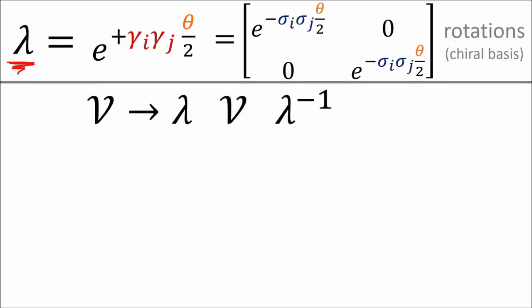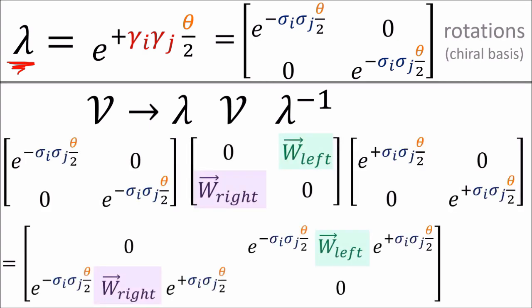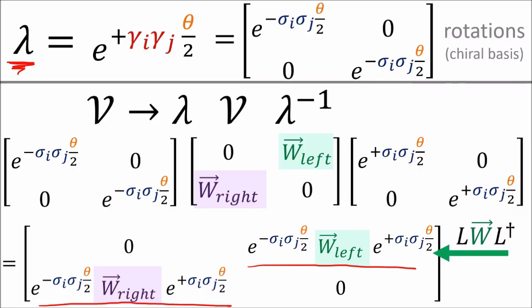If we take our 4x4 spacetime vector and do a double-sided transformation on it with lambda and lambda inverse, multiplying all the matrix blocks out, we get the expected rotation formulas for each of the 2x2 vector blocks that we saw earlier. In this case, the upper vector and lower parity transformed vector are rotated in the same way.